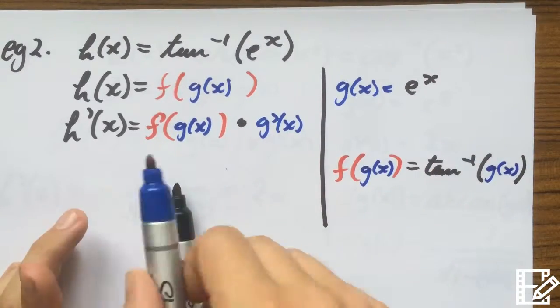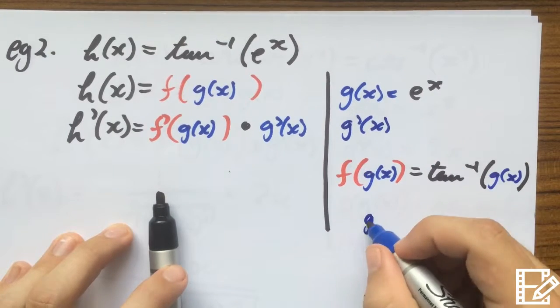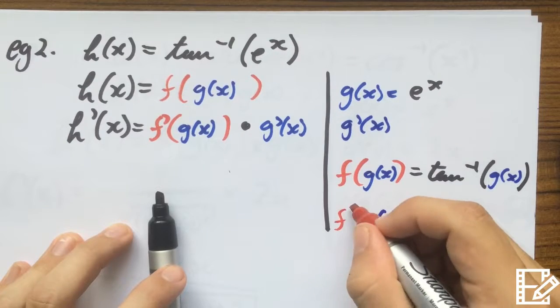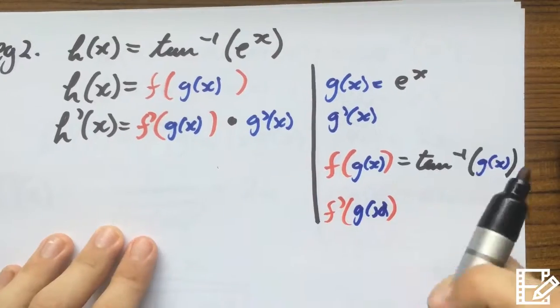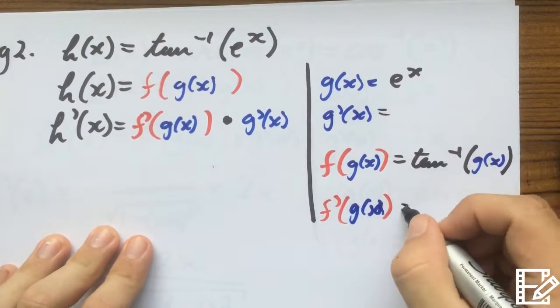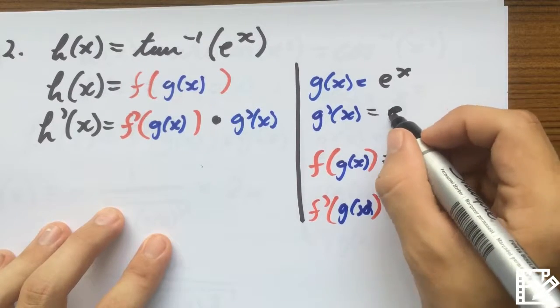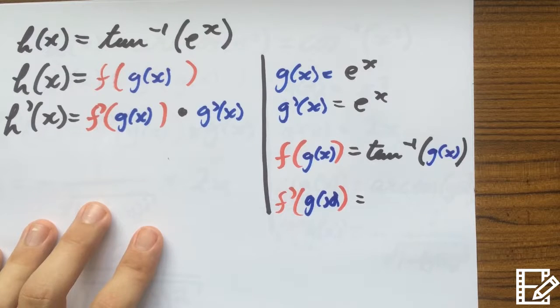Now we've got to find the derivative of g(x), and we have to find the derivative of f with respect to g(x). So let's start with g(x). The derivative of e to the power of x is e to the power of x. If you watch my other videos, you would know that.